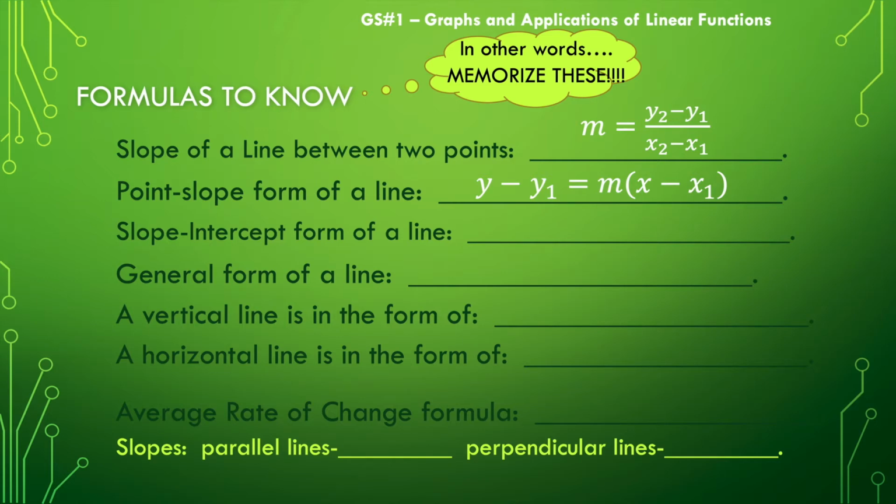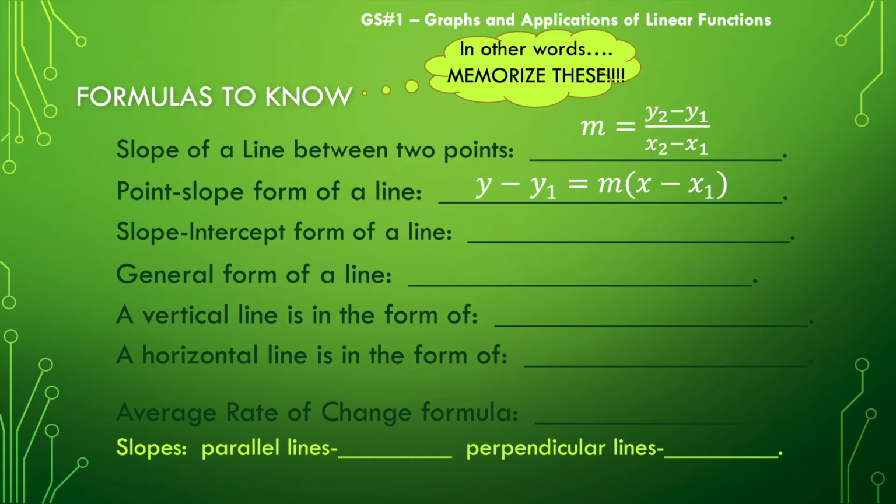And it is really derived by taking this bottom piece and multiplying it by both sides of this equation here. So we just think about it as we keep our y variable and our x variable here. We put our x coordinate of the point we know and the y coordinate of the point we know, and we put our slope here, and that will give us point slope form of a line.